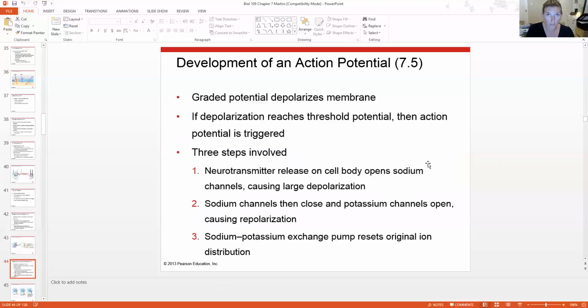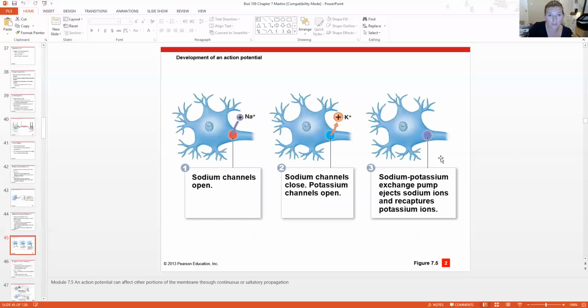That's causing a very large depolarization. Our sodium channels then close, the potassium channels open, and that's going to cause the repolarization. And then the sodium-potassium pump works to get back to normal resting membrane potential. Signal comes in, causes a graded potential. That's going to cause sodium to rush in, potassium to rush out.